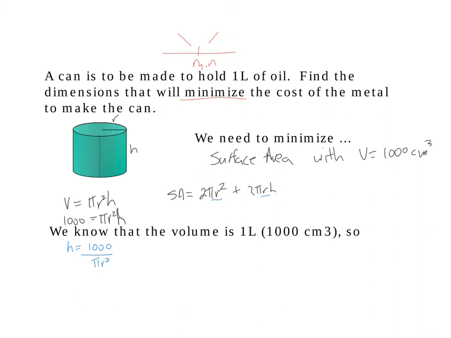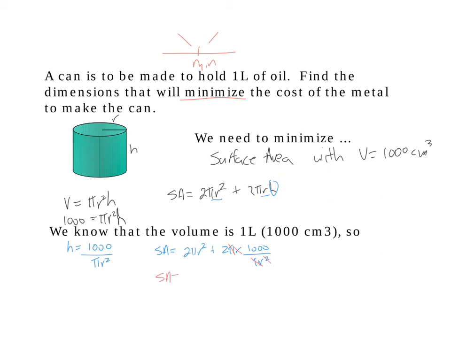So now if we plug that into just our single h term of surface area, that should be the simplest possible. So we'd have 2 pi r squared plus 2 pi r times 1,000 over pi r squared. So before we do our derivatives, we can see the pi's would cancel and one of the r's would cancel.